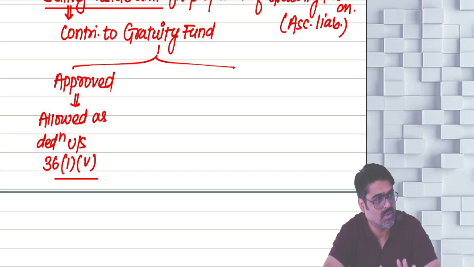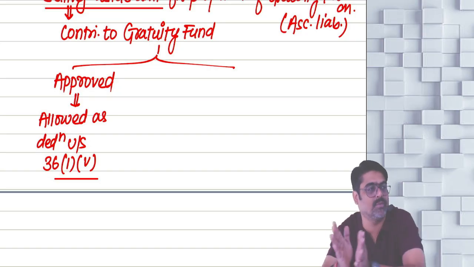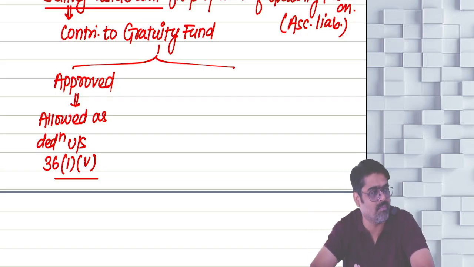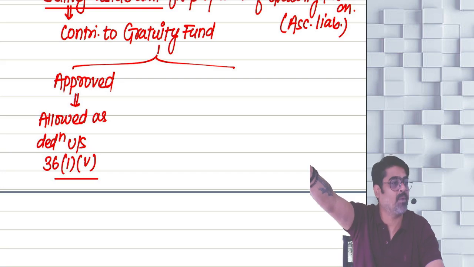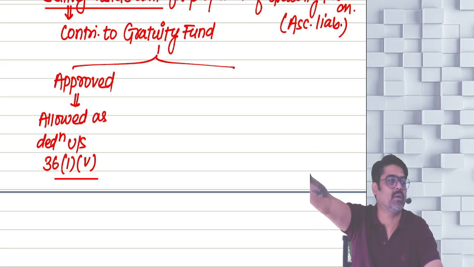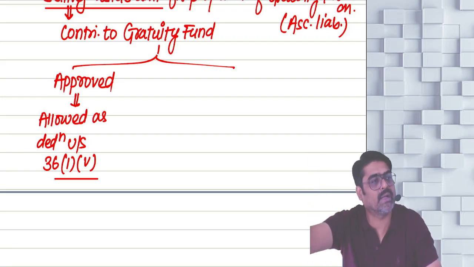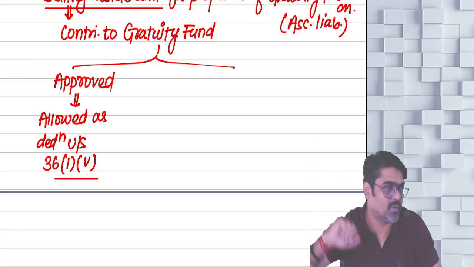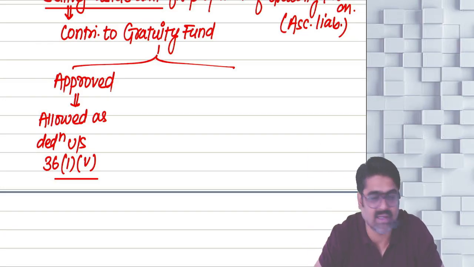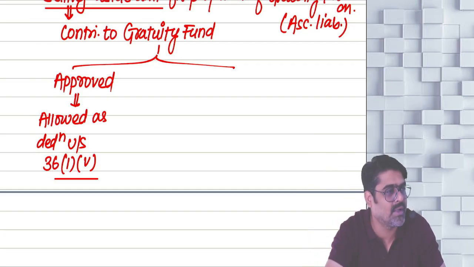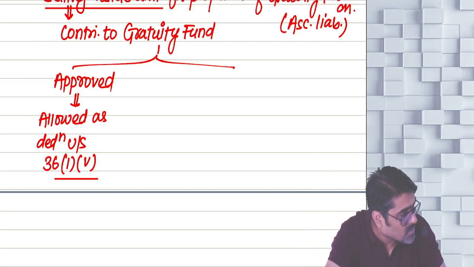So we know that if you make the contribution to such a fund, then this contribution is confirmed to be received by your employee later on. How much he will receive later on, we don't know. But this entire amount, sooner or later, you are actually going to pay to your employees. Understood? So take the deduction of this amount right now, at the time when you are making the contribution.